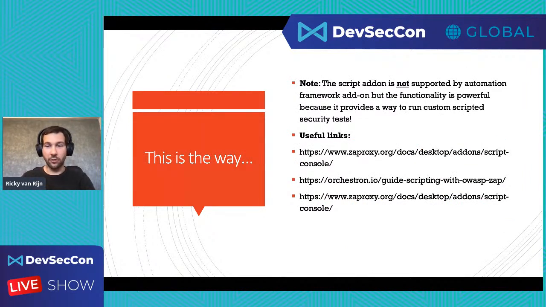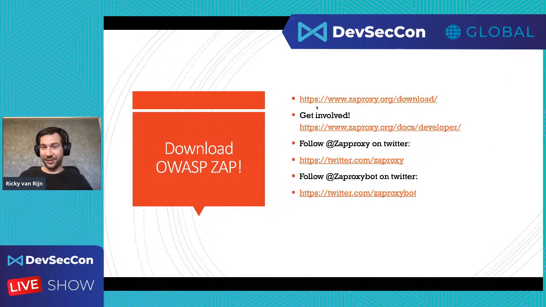And some useful links, of course, which I can imagine are quite cool. And if there are any more links which you would like to have and need, I will add it, and we'll share the presentation later on. So also here we go. Get involved. The ZAP Proxy docs for developers. This is the URL.